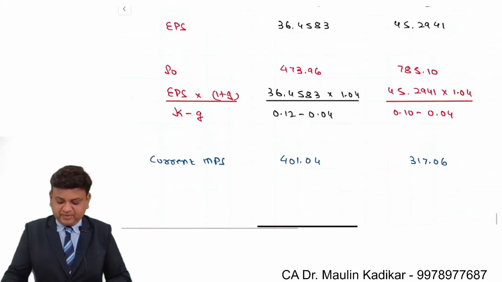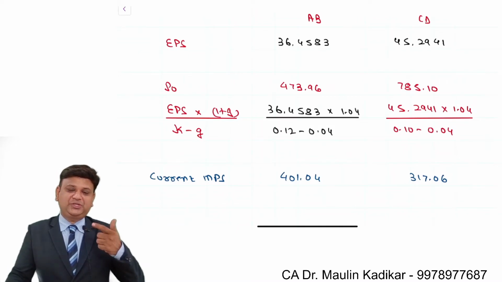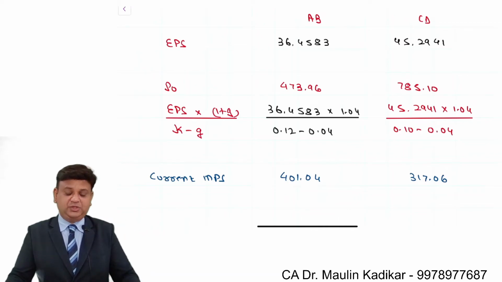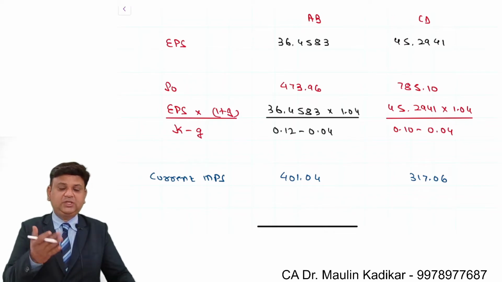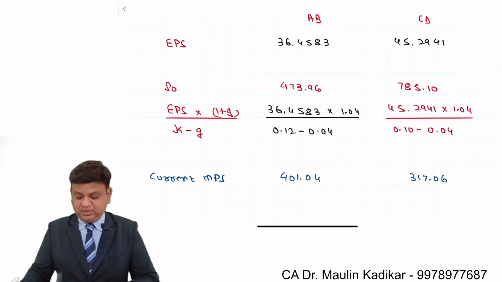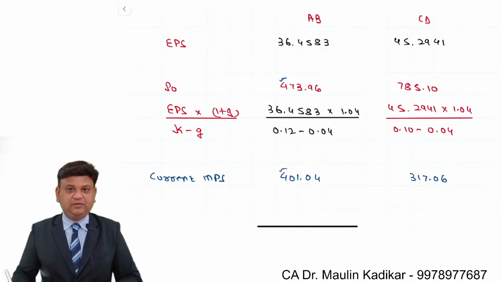So friends, what will happen? Understand carefully. Now the comment portion starts. Okay, the valuation is done. Now I'm explaining the comment portion. See, basically the value of the company using this constant growth model approach should be 473, but it is only 401. So it is underpriced.